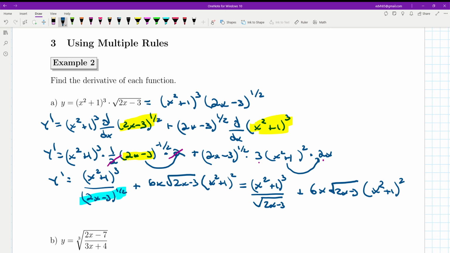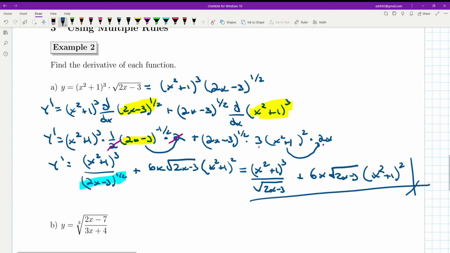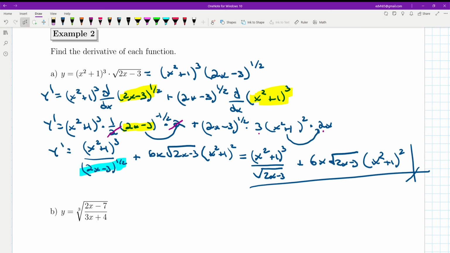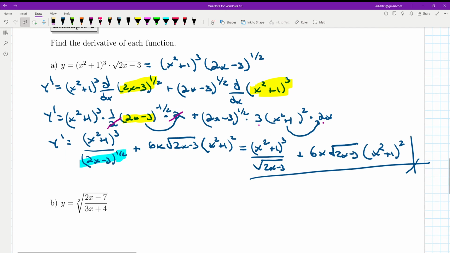And this would be the final answer. This is fine as a final answer. Well, again, it depends on how our homework system is going to accept it. Most likely it will take this as a final answer. However, at the end of this video, I'm going to go over how to simplify this a bit further.